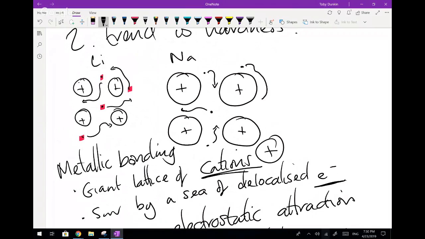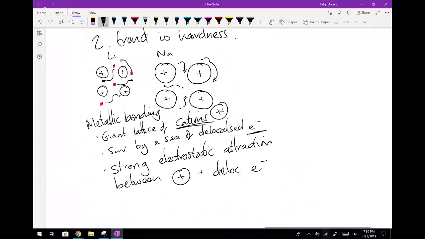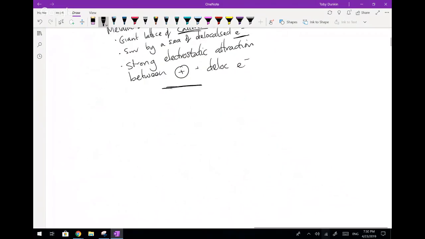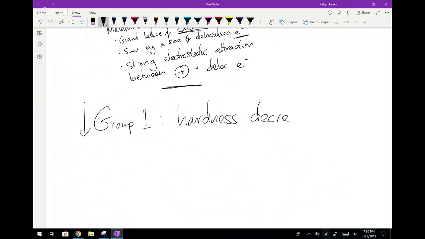However, they're having to hold together much larger atoms. What that means is you now have a weaker attraction between the cations and the delocalized electrons. So as you go down group one, their hardness decreases because the bonding weakens.